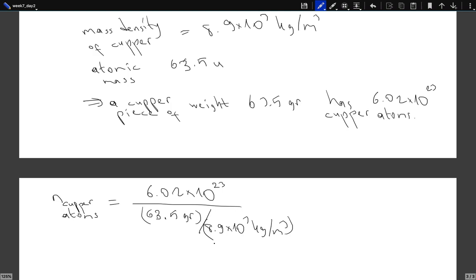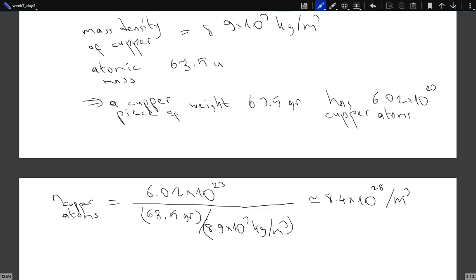This is the number density of the copper atoms. And again, if you just put in the numbers, this is 8.4 times 10 to the power 28 atoms per meter cubed. Of course, these are not the charge carriers. The charge carriers are the electrons, not the atoms themselves.